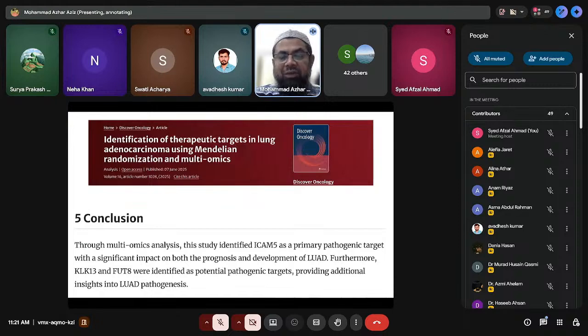Additionally, they also found KLK13 and FUT8 genes, which can be potential pathogenic targets. This was, again, a population-based study, not a longitudinal study. But yes, they refined the population and subtyped it so that they can have a better handle on who is going to benefit from this.